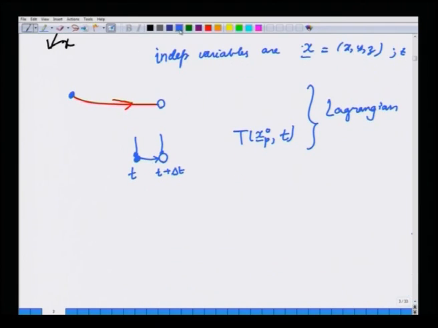In the Eulerian description, in contrast, let us just fix the location. So, this is a fixed location in space. At time t, let us say this location is occupied by a particle colored blue, that is, this particle was residing at this point at time t. But at a later time, what is going to happen?